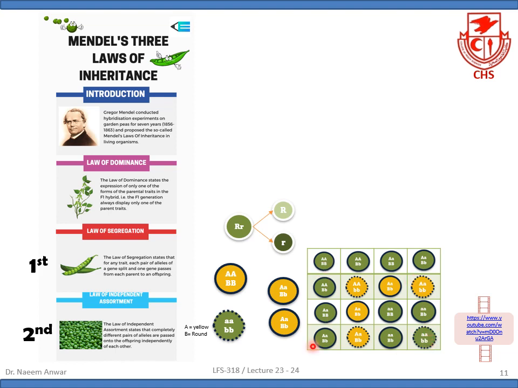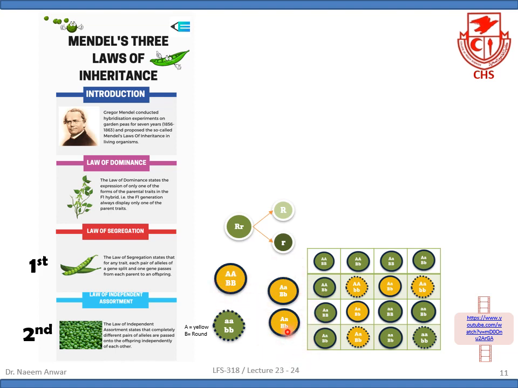Like let's say we will have a smooth green, we will have a wrinkled yellow, and if you notice, we don't have a wrinkled yellow as a parent, but within these parents' genetic material, you can see that we have the yellow color, and the possibility to have this offspring when it's mated.